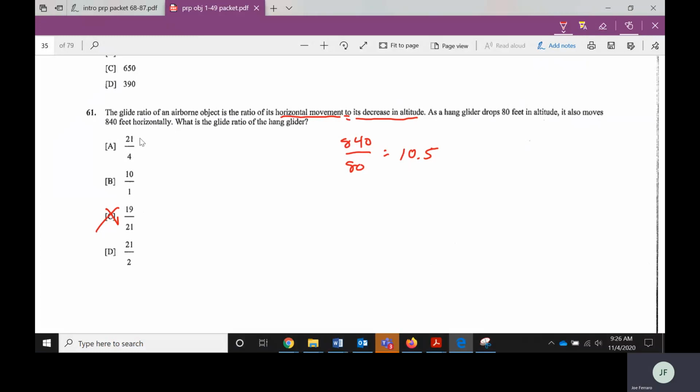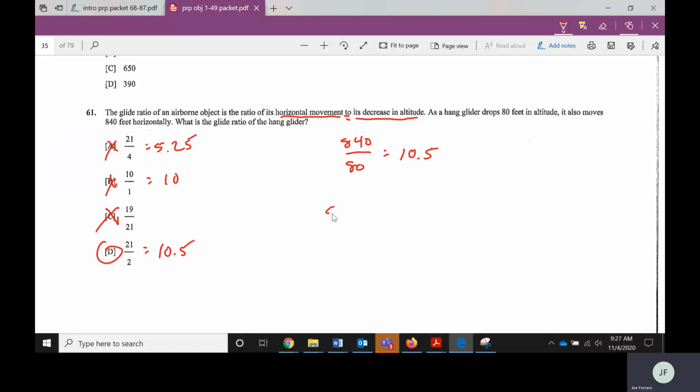So if you're doing it the decimal way, now you test these. 21 divided by 4 equals 5.25, so that's out. 10 over 1 is equal to 10, because 10 divided by 1 is 10, so that's out. 21 divided by 2 equals 10.5. That's the correct answer.